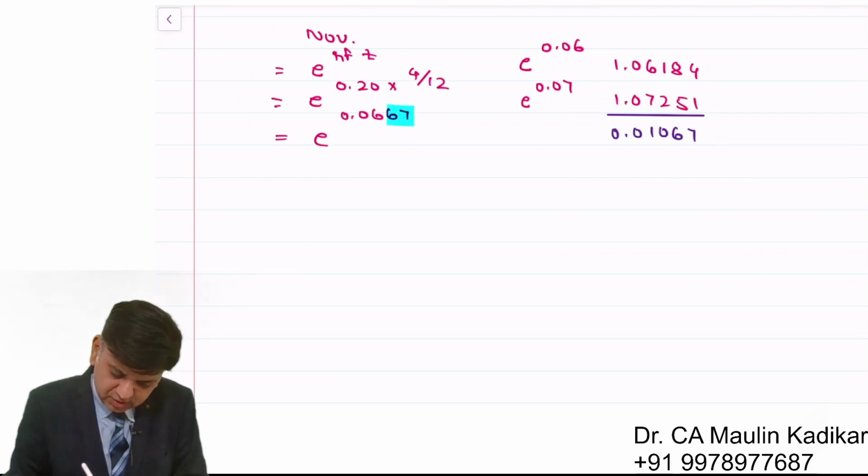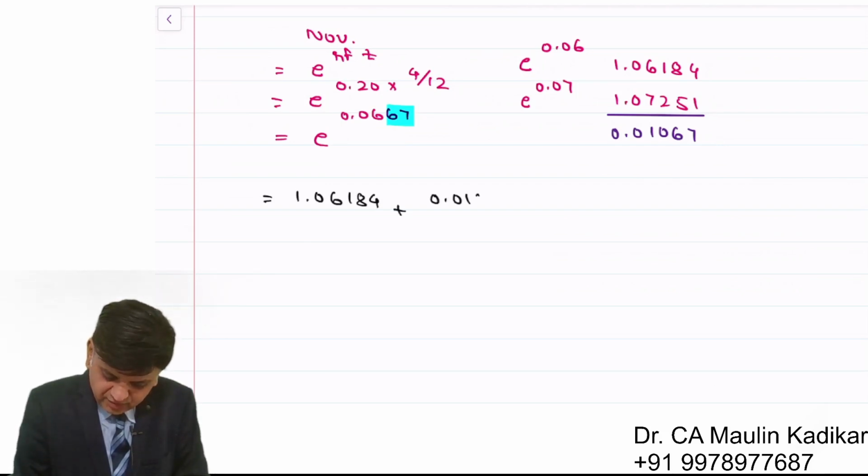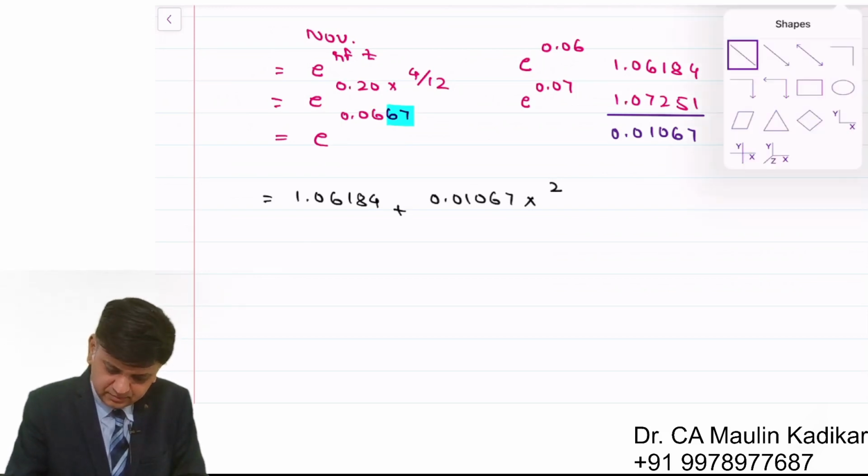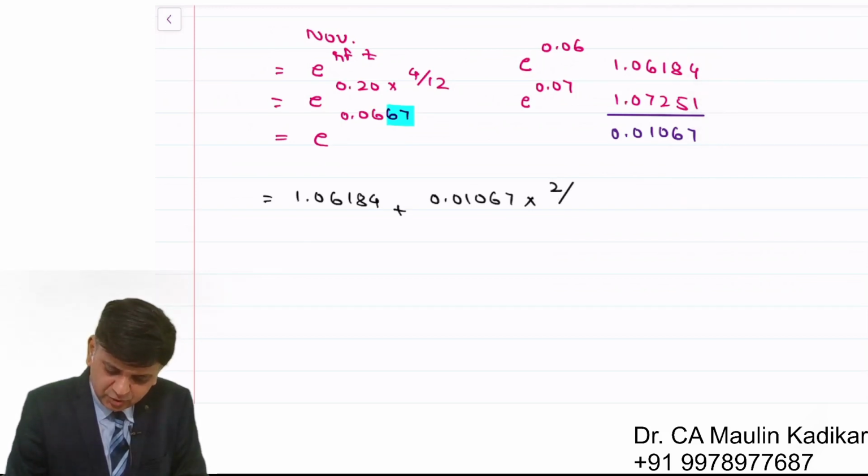So it is 0.0667. So what will happen, dear students? We are required to take the value like this: 1.06184 plus 0.01067 into 2 divided by 3. We will compute the 2/3 value.